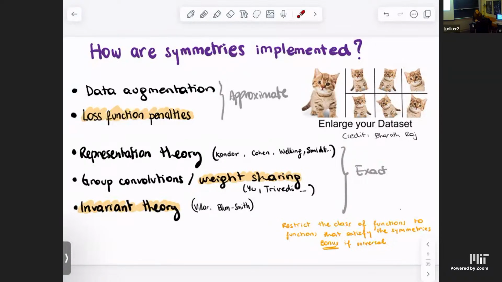For that, one of the typical techniques is data augmentation, which basically means you generate extra training examples and the corresponding labels using the transformation that you would expect. And also using the connection between the conservation laws and the symmetries, the symmetries can be encouraged in certain spaces by defining loss function penalties that can be used as regularization as a proxy for the symmetries that you want to implement.